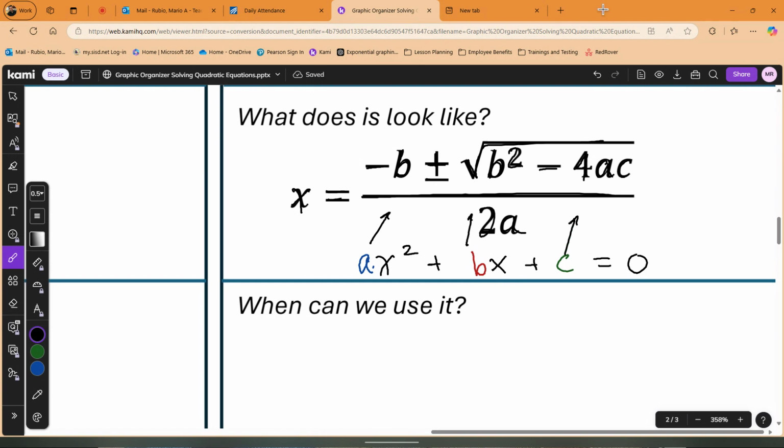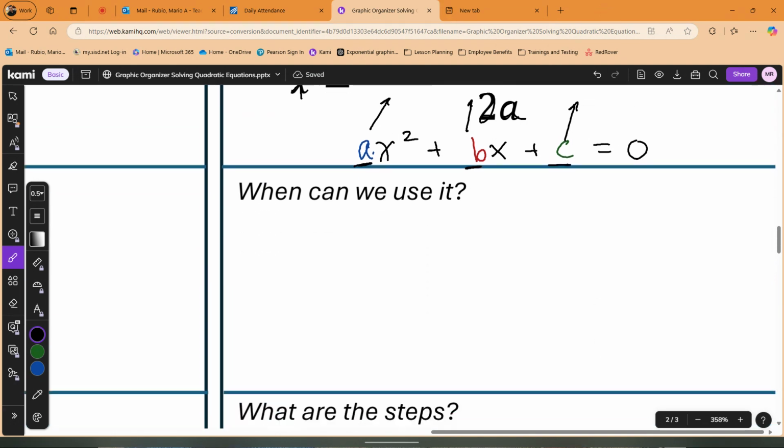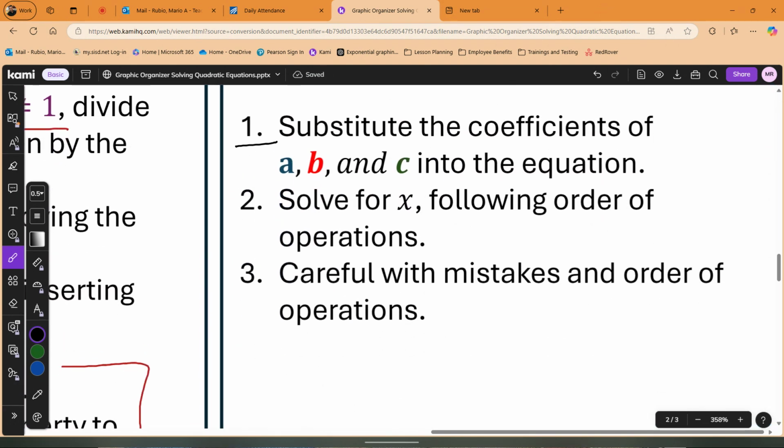You see a b, you see an a and a c. Those are coming from whatever these numbers are. So the first step is you substitute the coefficients of a, b, and c into the equation. Then you solve for x, following order of operations, and you have to be very careful about mistakes in order of operations.